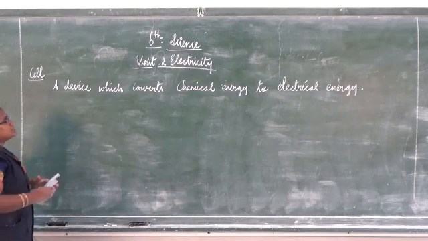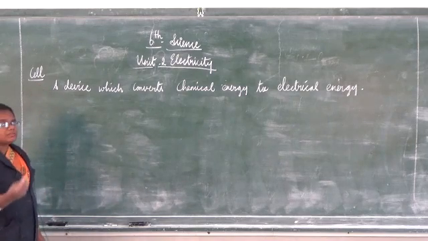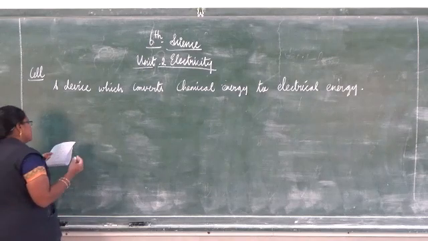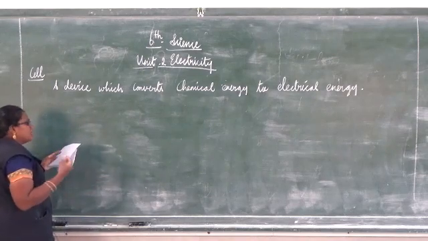Understand? Yes. Next, inside the cell you will have a solution. A chemical solution produces positive or negative ions.